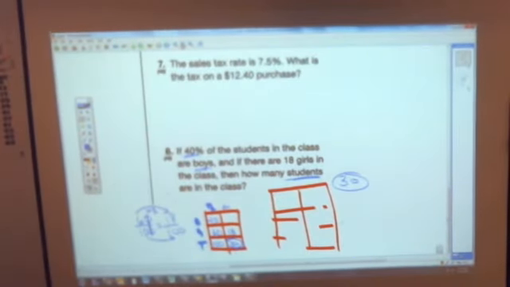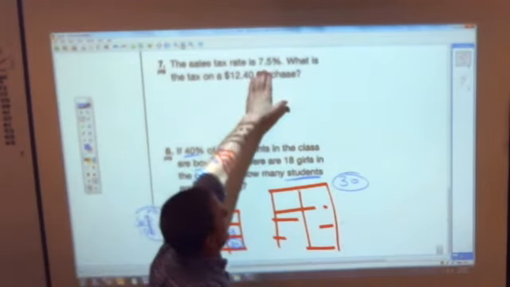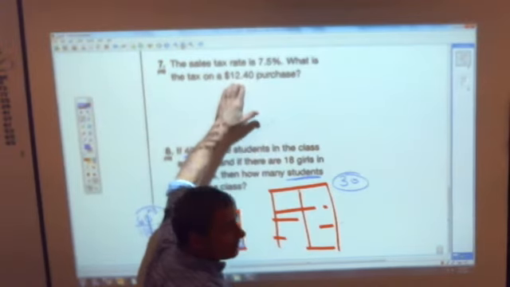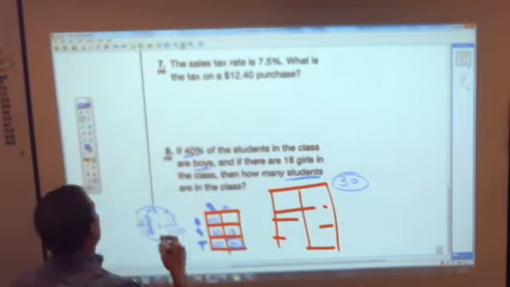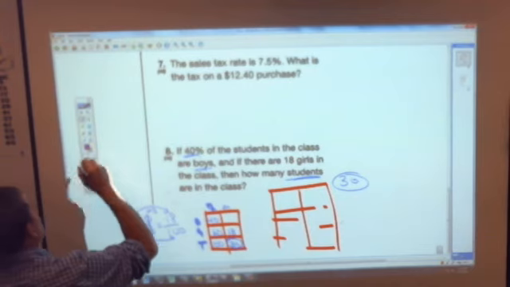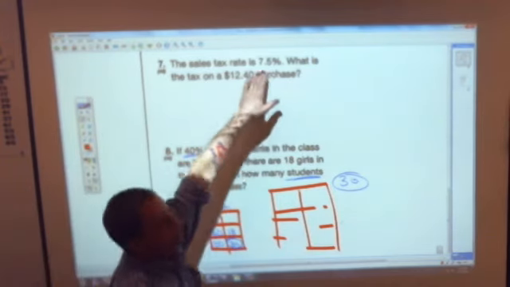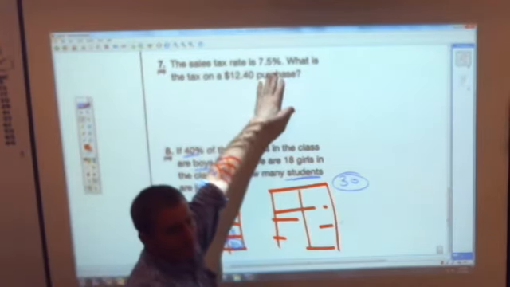Problem number 7, anyone? Tax and tip. Charlie, yes, 7? Tax and tip, always multiplication. Why? Because you want to know what 7.5% of, the word of means multiply, is this. The hardest part in that probably is remembering what 7.5% is as a decimal. What is 7.5%?